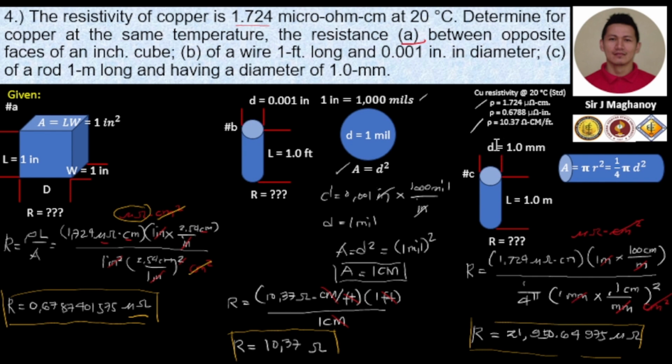Our diameter is 1 mm, so we need to convert millimeter to centimeter. We cancel out millimeter, the remaining unit is square centimeter. At the numerator, the remaining unit is micro-ohm square centimeter. So we cancel out square centimeter, numerator and denominator. The remaining unit is micro-ohms. Doing the math, the resistance is equal to 21,950.6497 micro-ohms. Okay?